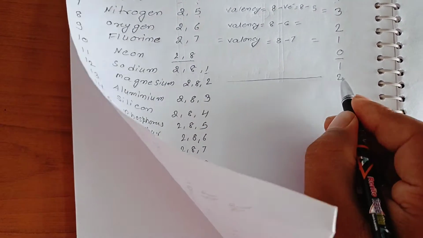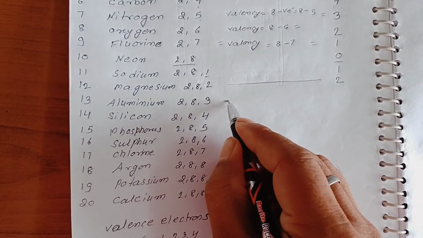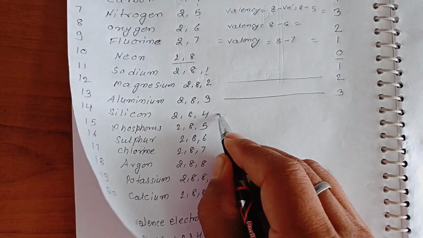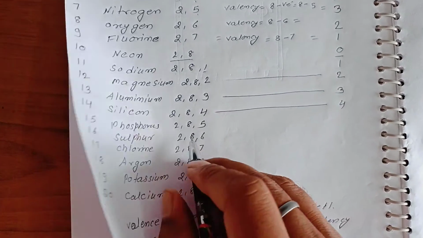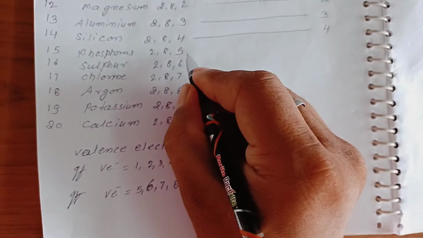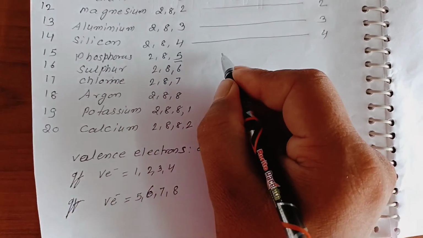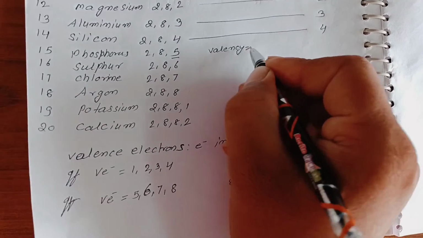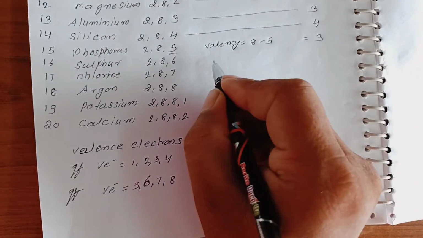Same things. Magnesium, valence electron 2, so valency is 2. And aluminum is 3. Silicon is 4. And here phosphorus, the outermost shell has 5 electrons, so valency is equal to 8 minus 5, which is equal to 3.